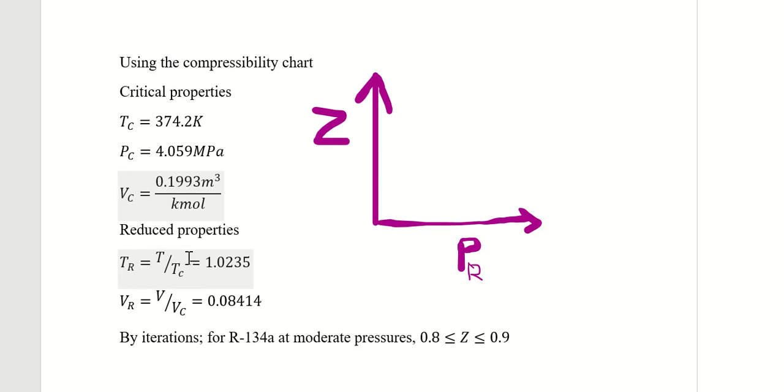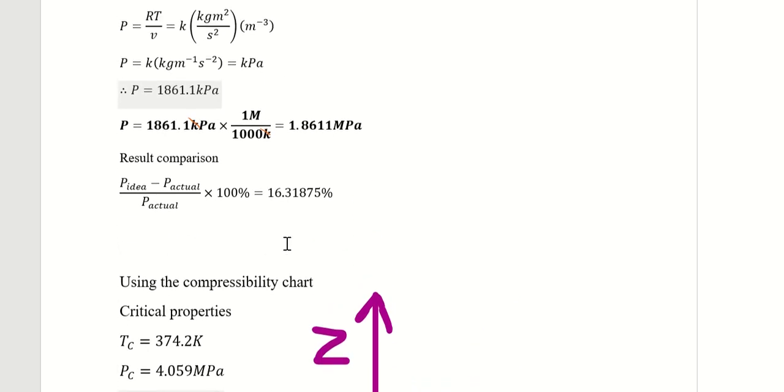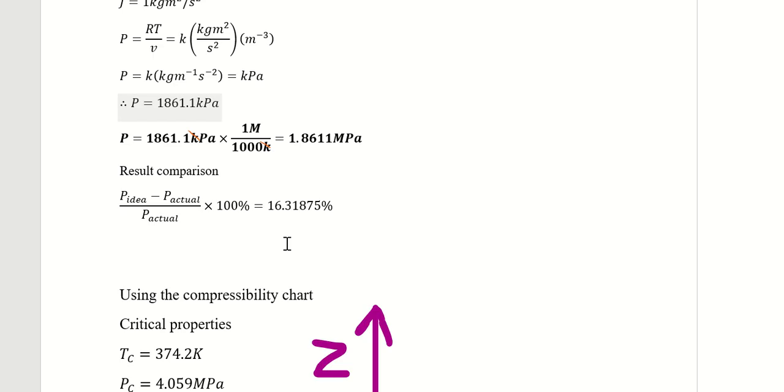In reduced properties, now you're going to divide and you get 1.0235 and 0.0841. The difference now for this question is here. Remember, in the previous example, we were looking for the specific volume, but now we are looking for the pressure.